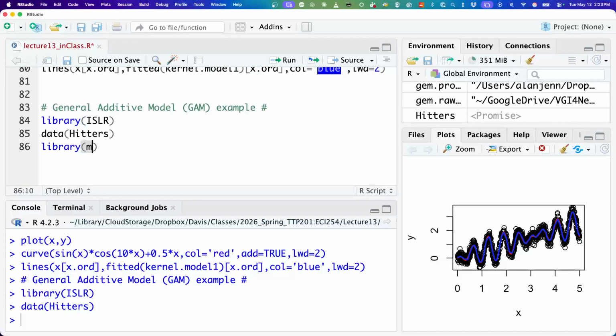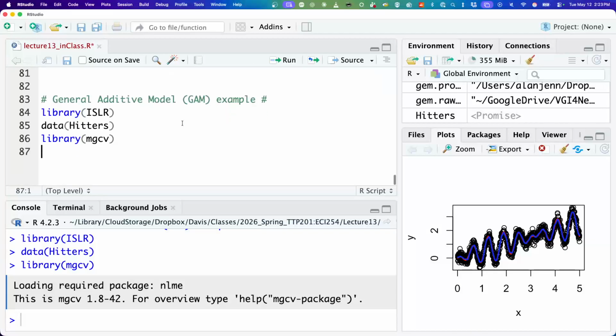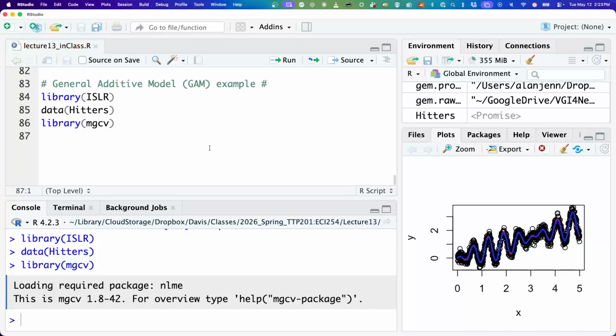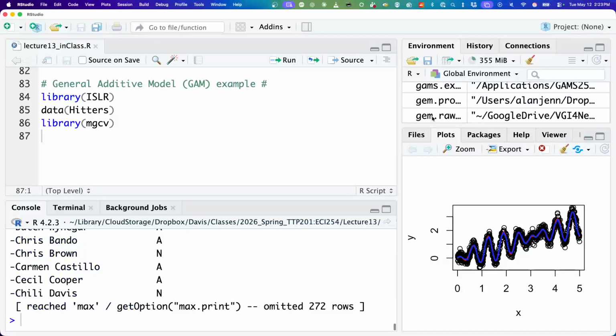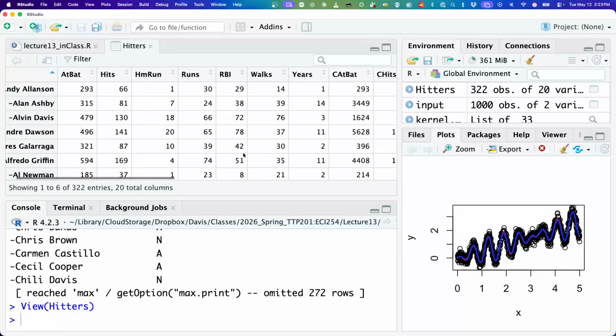And then we're also going to use a library called MGCV, which is the package we need for the GAM regression.